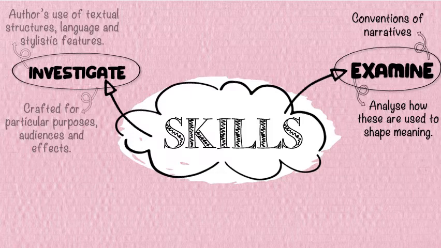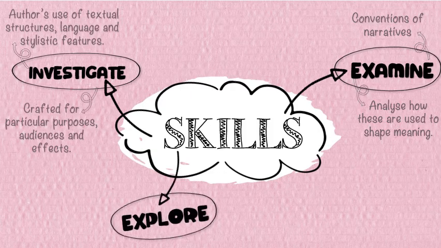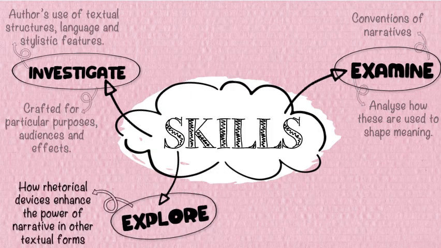And so we're thinking about how all of these are used to craft the writer's message to their readers or viewers. You're also going to explore how rhetorical devices enhance the power of narrative in other textual forms. So we're not just going to be looking at the narrative, we're also going to be looking at a variety of textual forms like poetry and film.